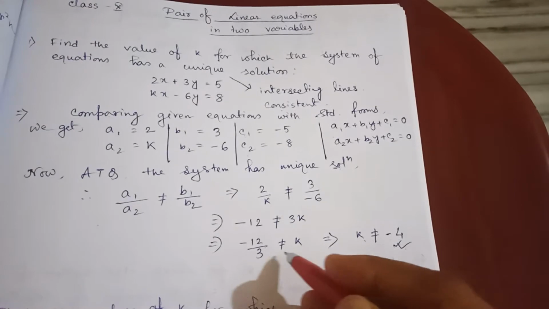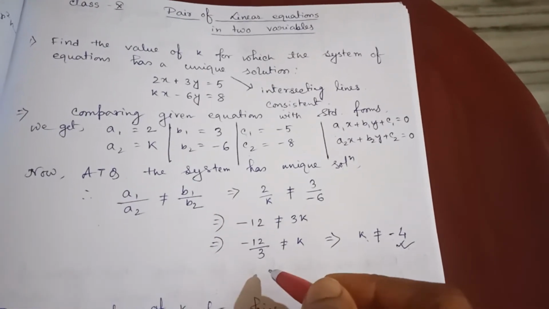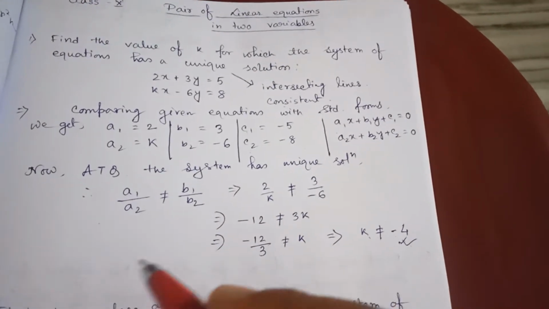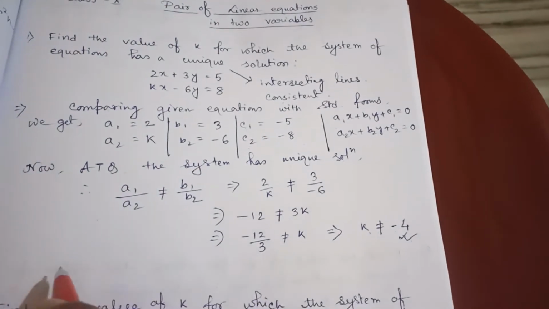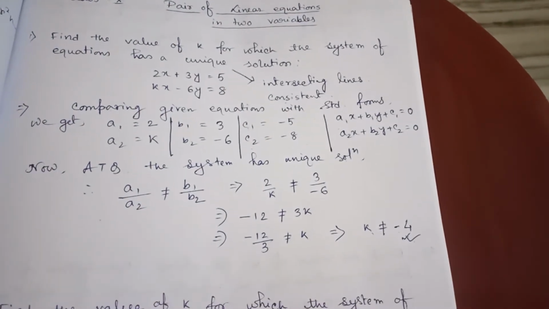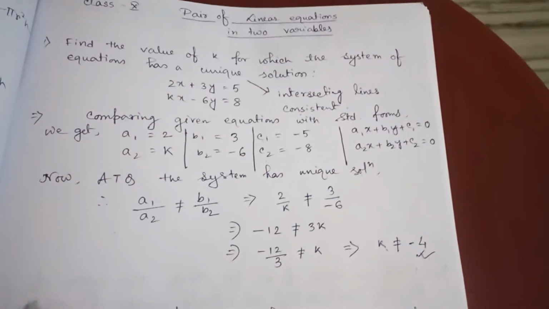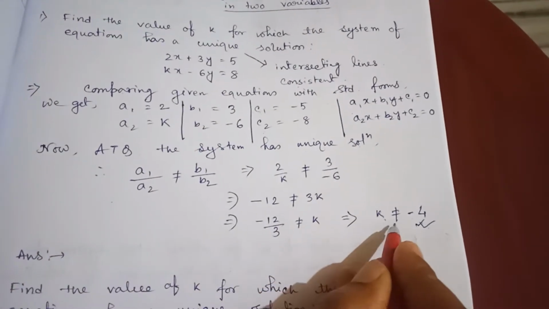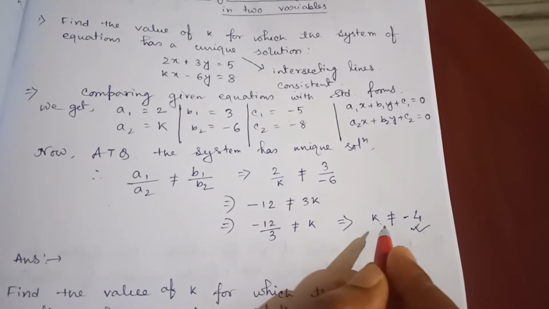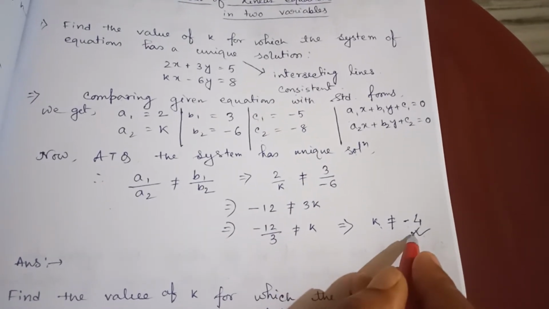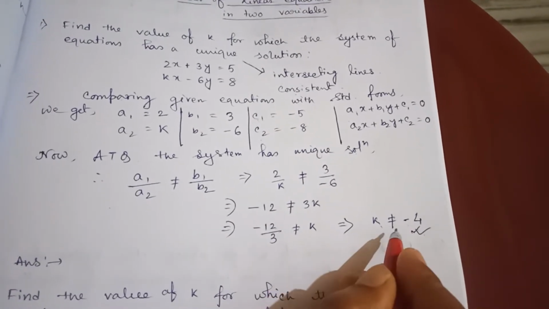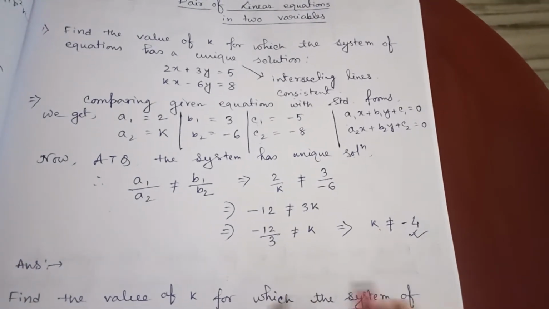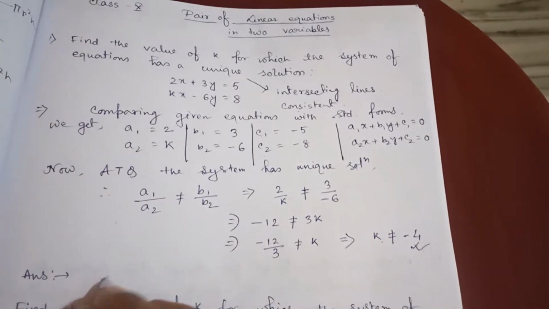But there are certain marks given in the marking scheme for writing that answer line properly. So what will be the answer line? The answer line will be k not equal to -4. That means k can't be -4, but k can be anything except -4. So that will be our answer.